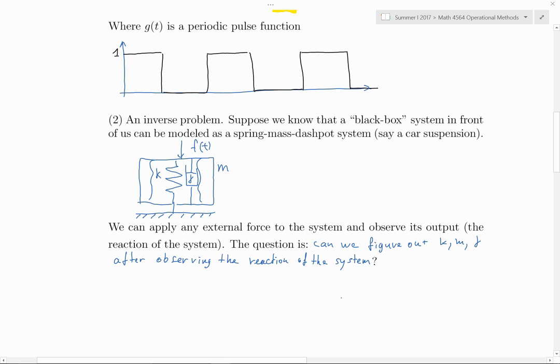And this is where, as I said, the framework of system transfer function is very, very useful. And all of that will be discussed later.